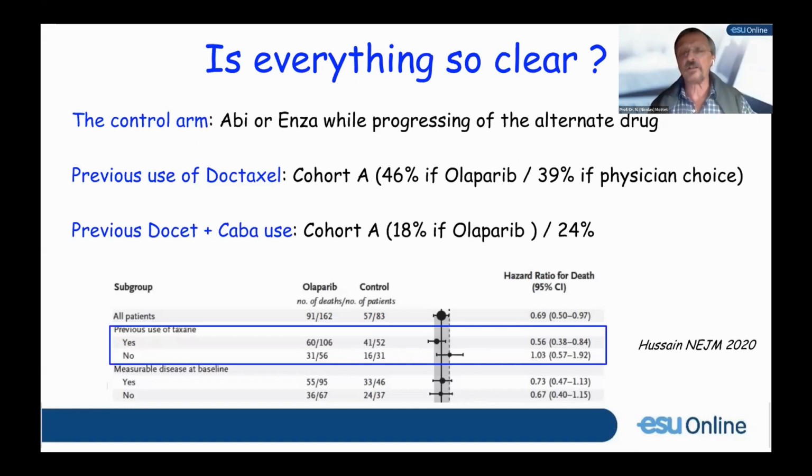And it's probably not so trivial, because if you go for stratification based on the outcome, based on the fact that patients already received a taxane or not, suddenly there is a huge difference for those who already received a taxane and for those who did not. For EMA, olaparib does not need to occur after a taxane. You will see that it's not exactly the same with the other PARP inhibitors.